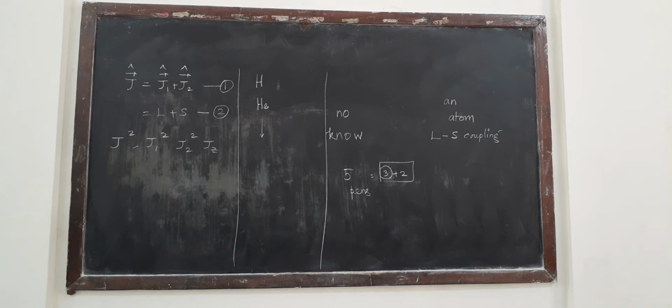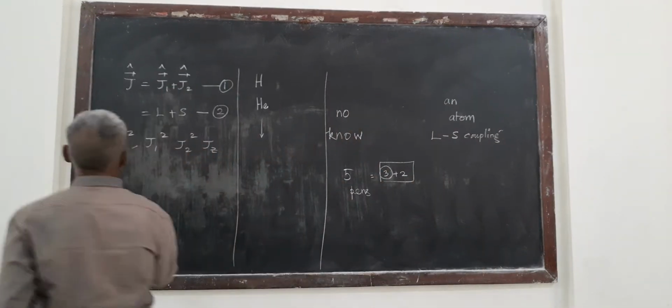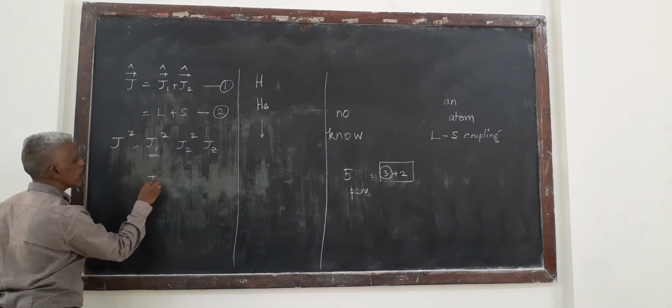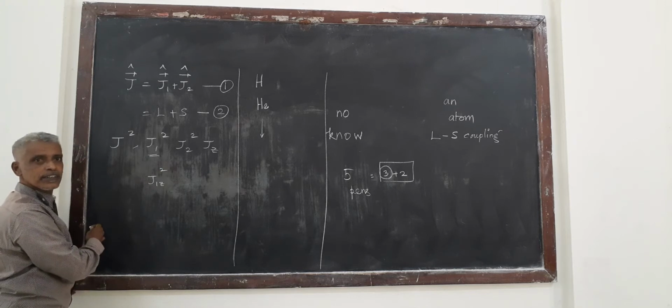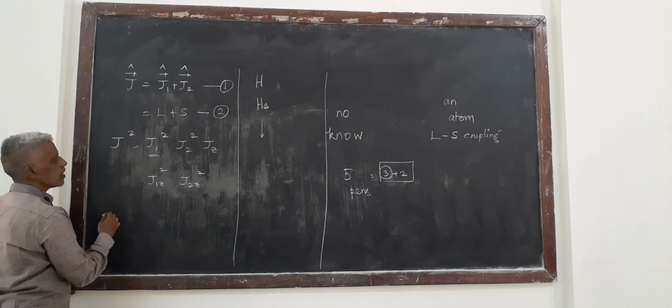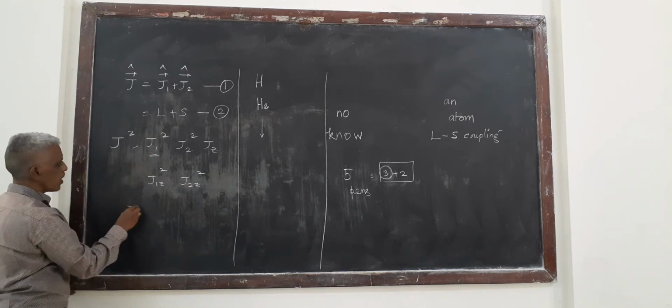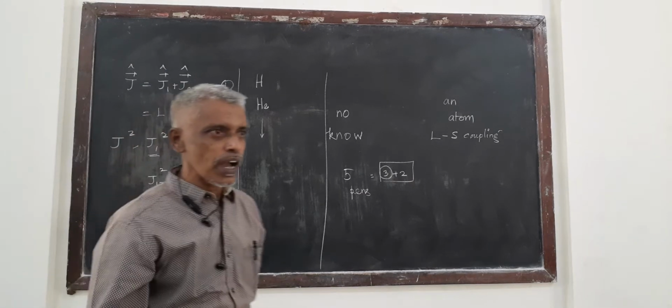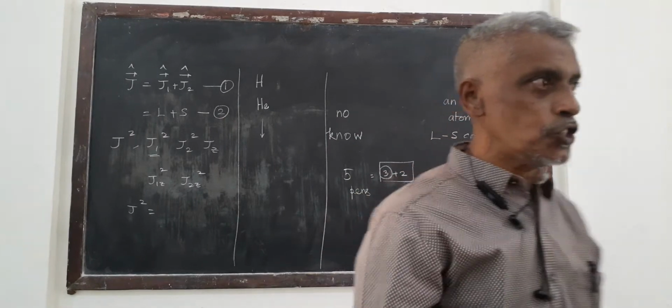Simultaneous eigenfunctions of J1 square, J2 square. J1 Z square also you can write. J2 square.